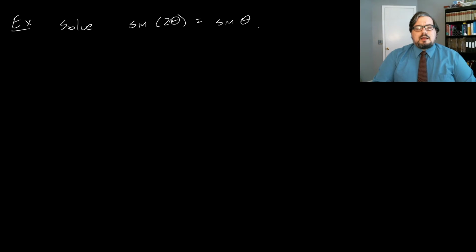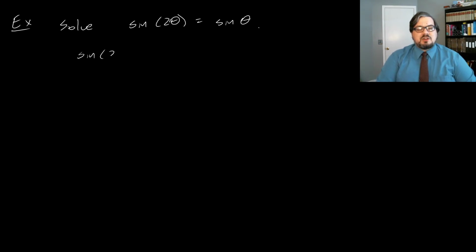Now, it's very, very difficult, basically impossible, to solve equations involving trigonometric functions of different angles. And so the fact that we have a sine 2 theta on one side and a sine theta on the other makes it almost impossible to do so.